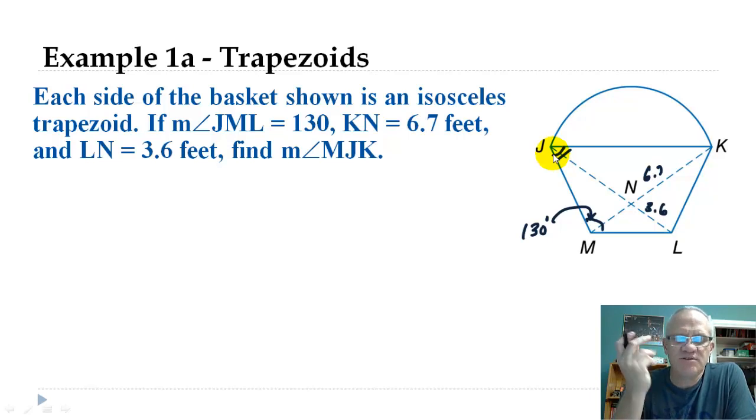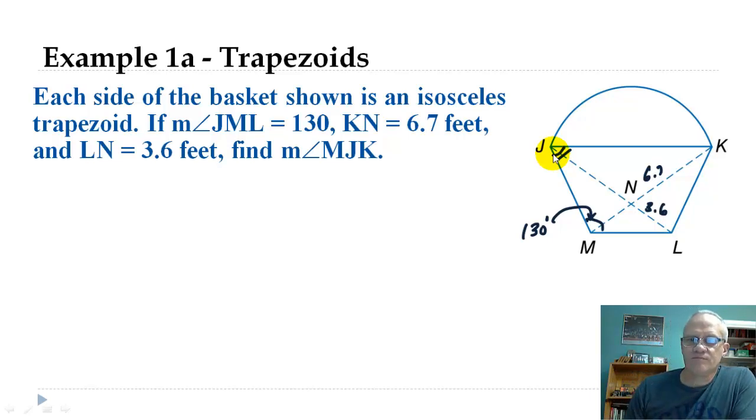There's probably a couple of ways that you could look at this. One thing that you could do is say, well, this is a quadrilateral. There are four sides. So if you remember from before, there are 360 degrees in this quadrilateral. This is angle M here. The whole entire angle M, in other words JML, is 130. Then MLK is also 130, because we know this is one of the pairs of base angles. So they're the same.